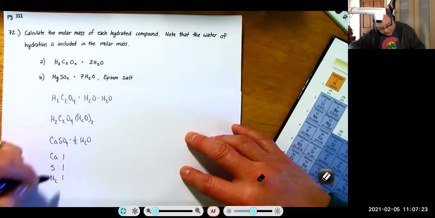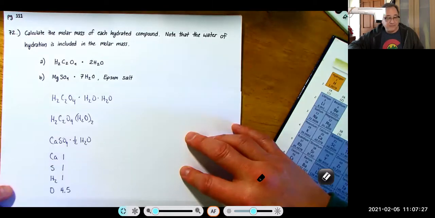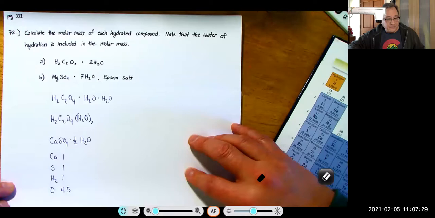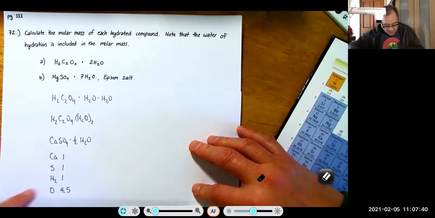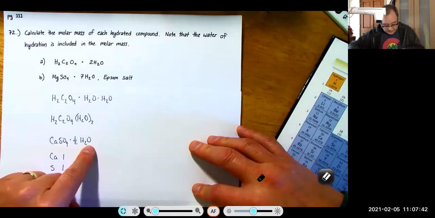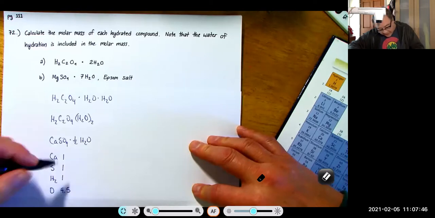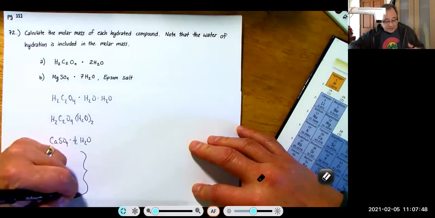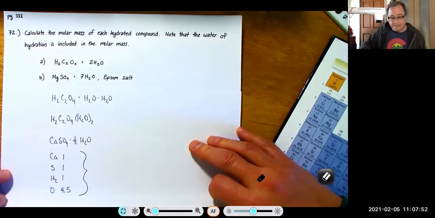How many oxygens? 4.5. So do you understand why there's only one hydrogen? Because you only have half of an H2O. Half of 2 H's is 1 H. What's half of one oxygen? Half. And then you have 4 over here. So if you wanted to calculate the molar mass of this, these are the numbers you'd have to use. Any questions about that?